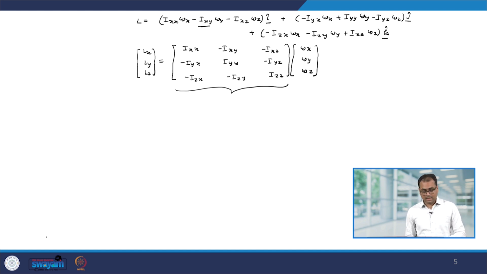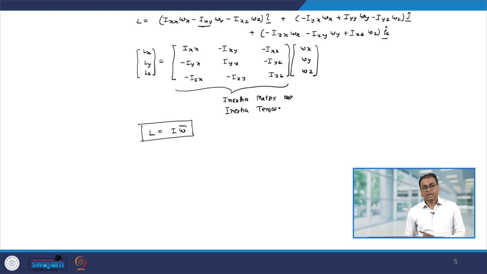This is the inertia matrix that we introduced when we discussed the moment of inertia and product of inertia part. So, this is the inertia matrix, or you also call it inertia tensor. Okay. And therefore, I can write down this in more compact form. L is equal to I ω. Okay. Here this I is the inertia tensor.